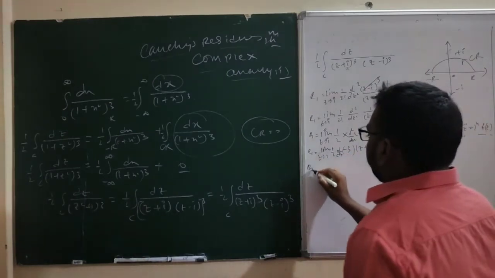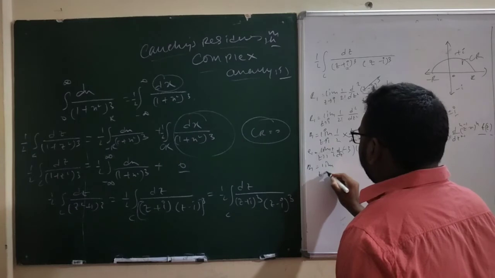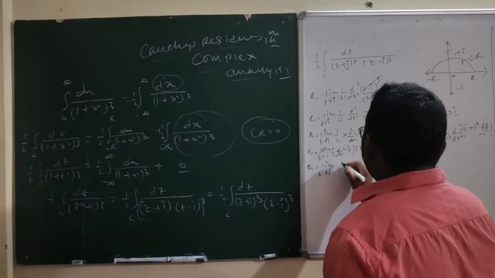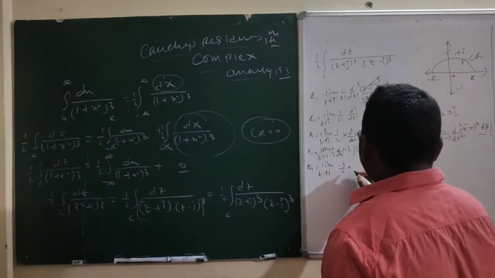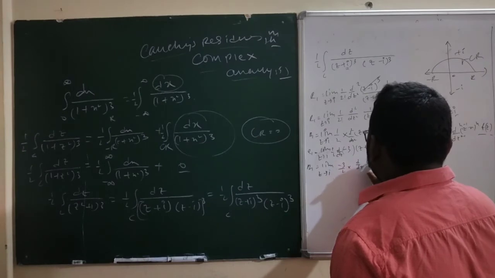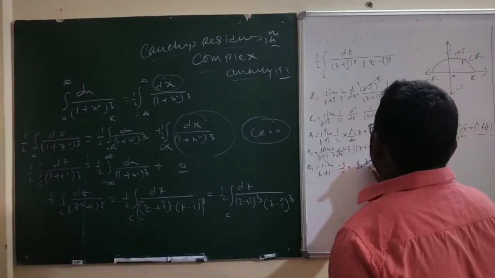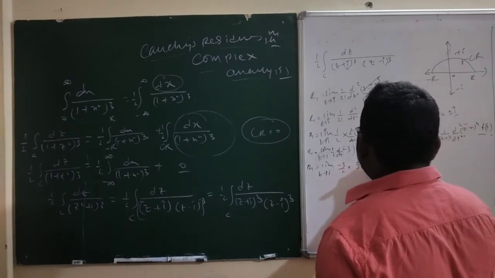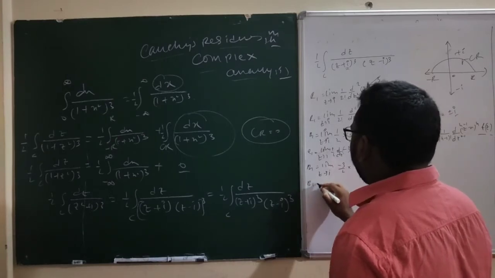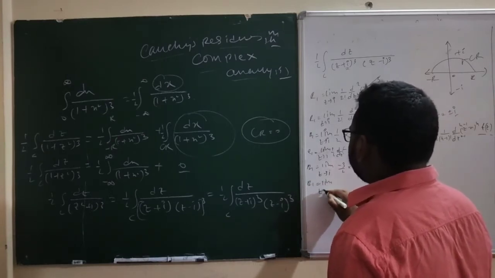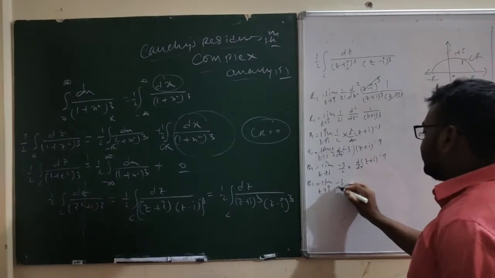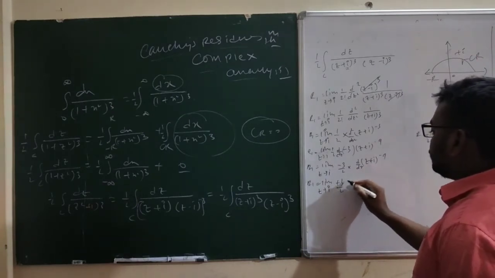So after taking the second differentiation, it will be limit z tends to iota of minus 3 by 2 into d upon dz of (z plus iota) to the power minus 4. From here, R1 is equal to limit z tends to iota of minus 3 by 2 times minus 4, which will be 12.